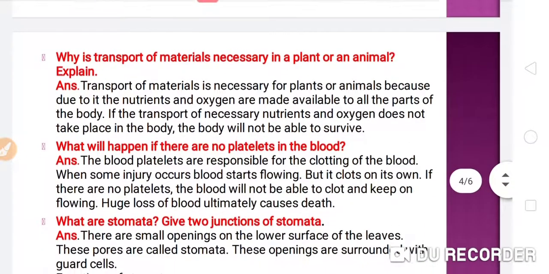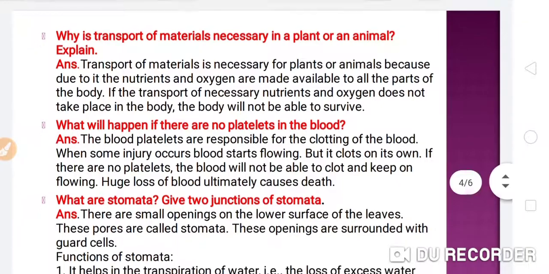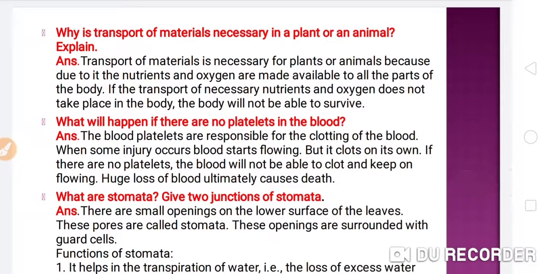Now, why is transport of materials necessary in a plant or an animal? Explain. So the explanation for this question is, transport of materials is necessary for plants and animals because due to it the nutrients and oxygen are made available to all the parts of the body.